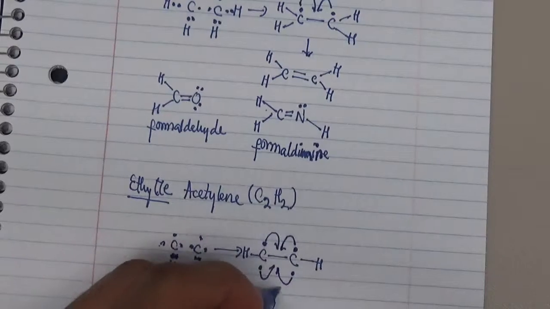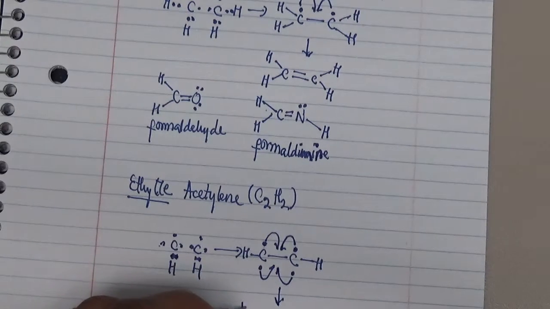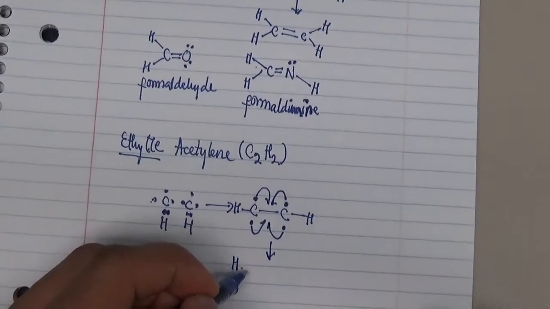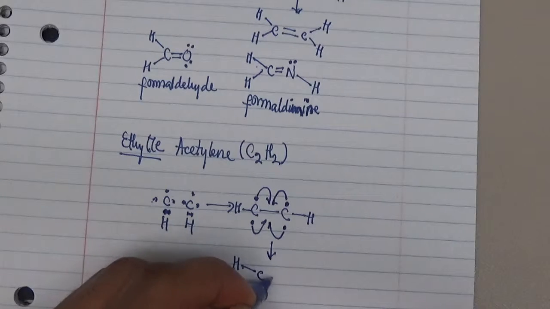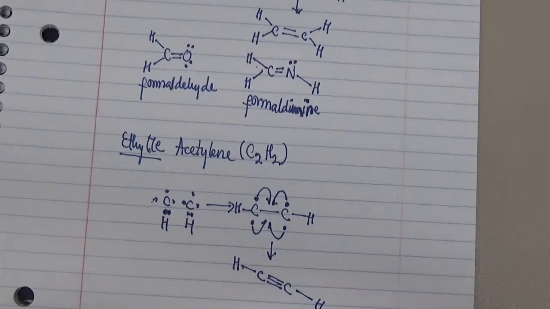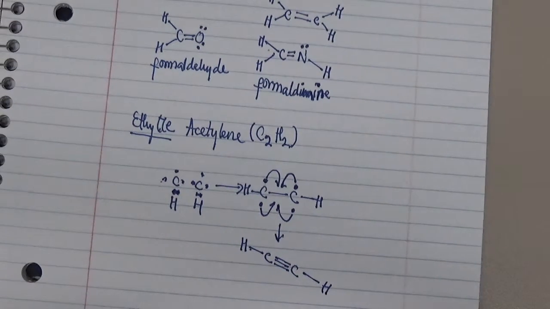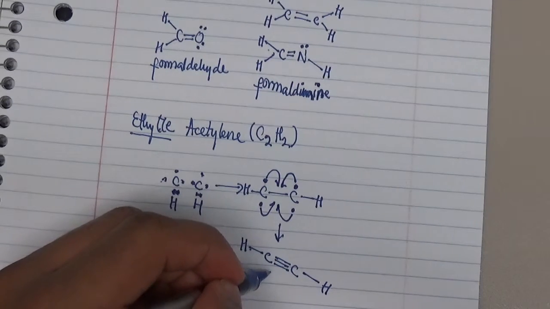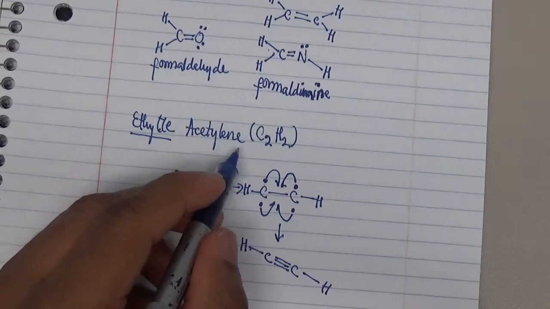This leads to the formation of a triple bond between the carbon atoms, and this is the molecular structure of acetylene.